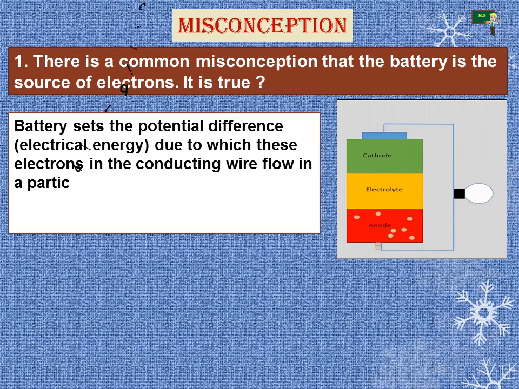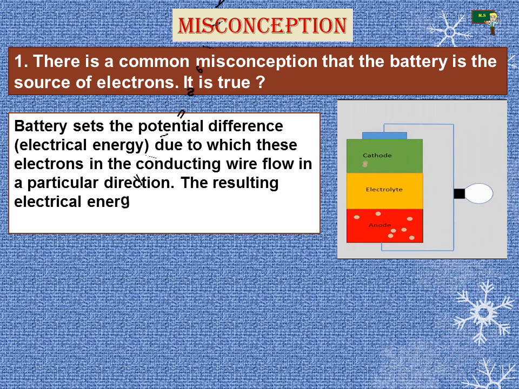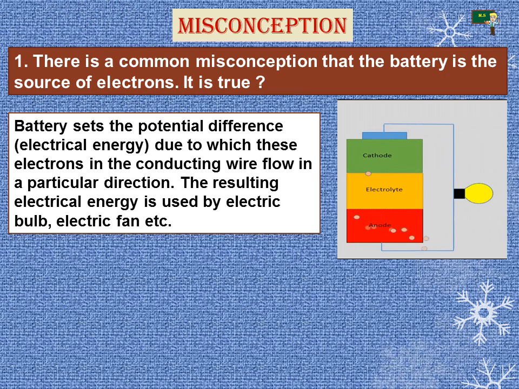The resulting electrical energy is used by the electric bulb, electric fans, etc. Similarly, the electricity board, TNEB, supplies electrical energy to our home.